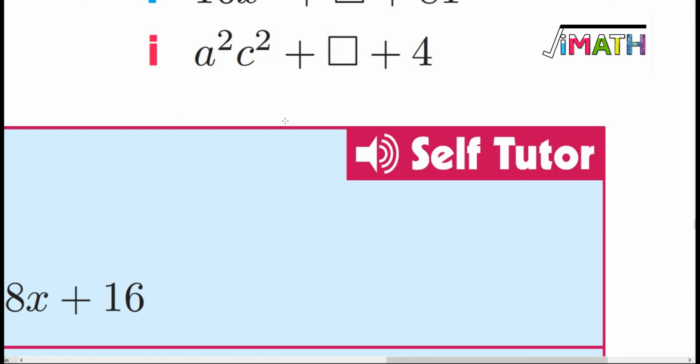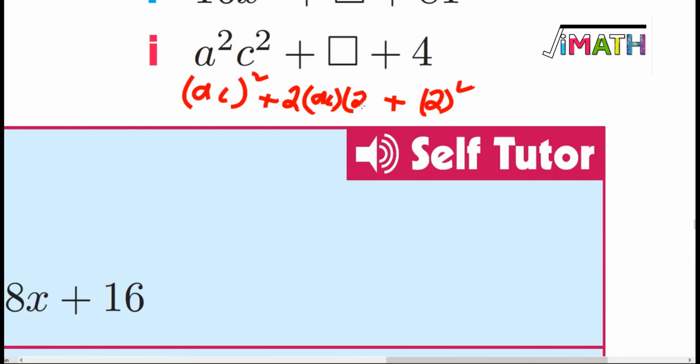The a term would be 2x bracketed and then squared, and the 4 would be 2 squared. Then the middle term would have 2, 2x, and 2 on the outside. Perfect. 10 out of 10.